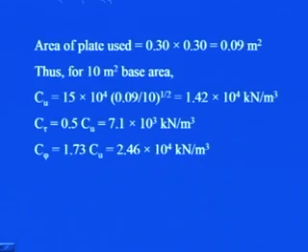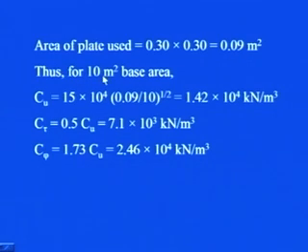You can see here that the area of the plate which is used is 0.3 into 0.3, because the size of the plate is 30 centimeter by 30 centimeter. So, in meter it will be 0.3, and which will result into an area of 0.09 meter square.